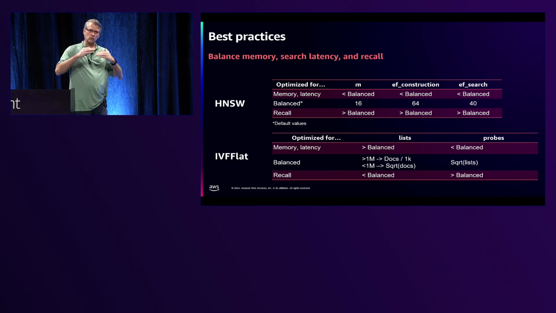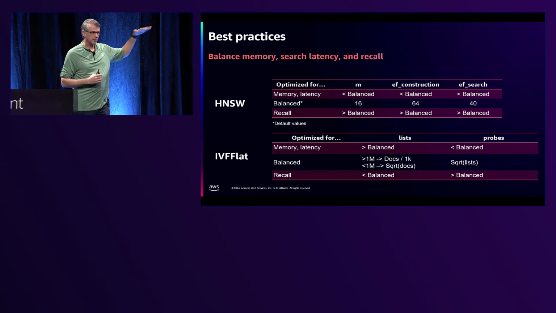Now, depending on which way you need to go, do you need to get better recall, lower latency, lower memory usage? If you need to reduce memory usage and get lower latency, increase the number of lists when you create the index. At first, like I said, it seemed a little counterintuitive to me, but if you increase the number of lists, each of these lists actually has fewer items in it.